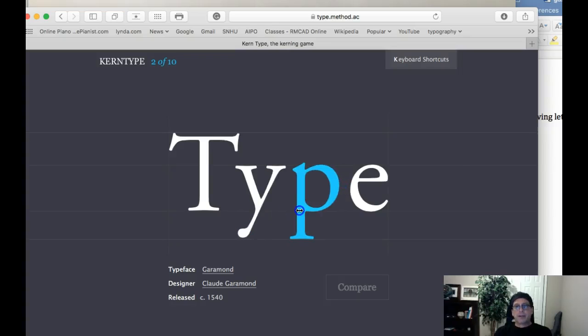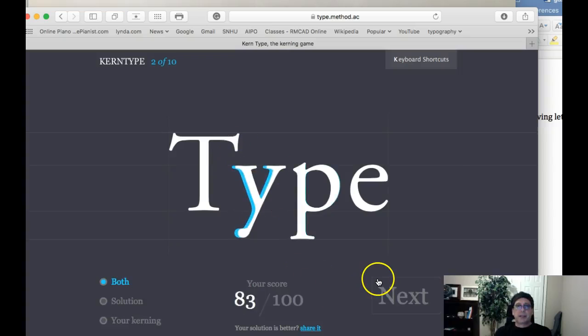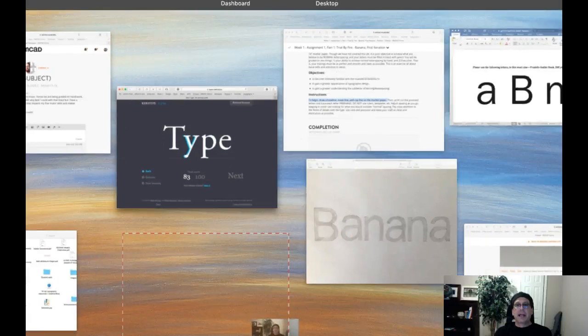You can use your arrow keys, or you can use your mouse. And remember what I said, once you get those where you think they look good or where they should be, you'll go ahead and compare. You can see mine is 83 out of 100, which isn't that good. My Y was too far from the T.